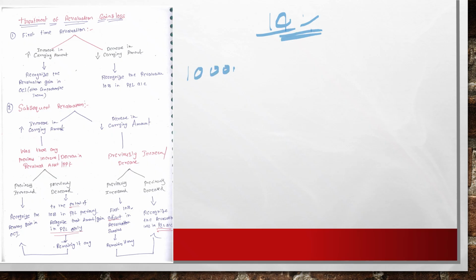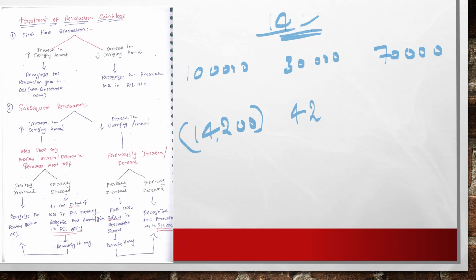The 1 lakh is your gross and 30,000 your accumulated depreciation, and 70,000 is your net; these are your numbers before revaluation. Out of which 14.2%, so 14,200 is the reduction from the gross, and from the 30,000 also you should reduce 14.2%, which is 4,260 here, and the 70,000 will automatically reduce, right?